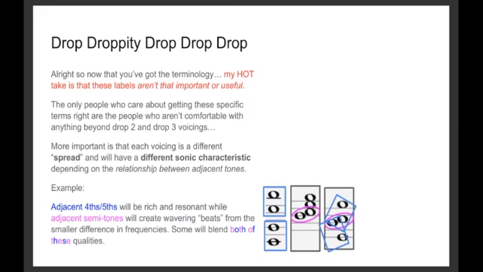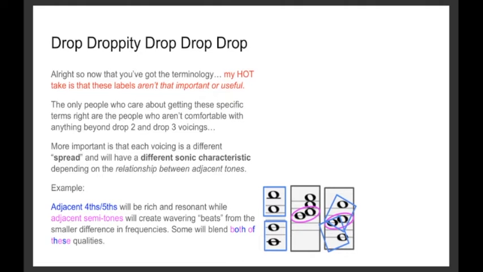Hard to tell with the boxes where the ledger lines are. It's a major sixth. So it's basically perfect fifth, major sixth, another perfect fifth. So it's very spread out, but it has pretty resonant intervals between adjacent tones.